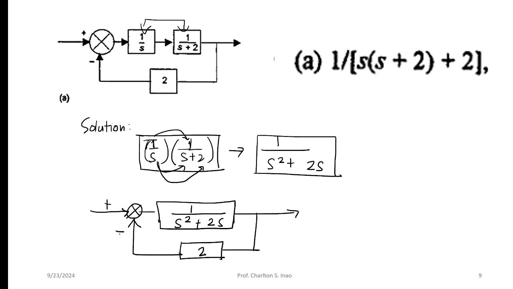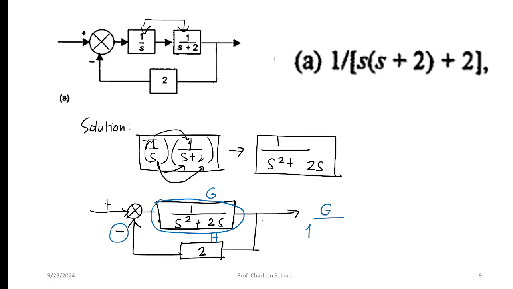Okay. So how do we simplify this? We have this numerator, the feed forward, and the so-called feedback. So this is G, this is H. Our format, with this kind of diagram, is that we have to copy the G, which is this whole thing, and 1, then we have to see the sign.